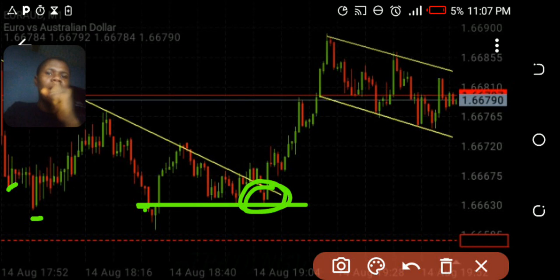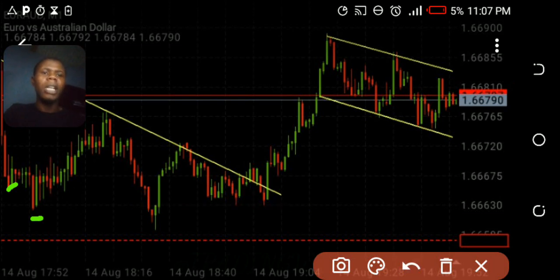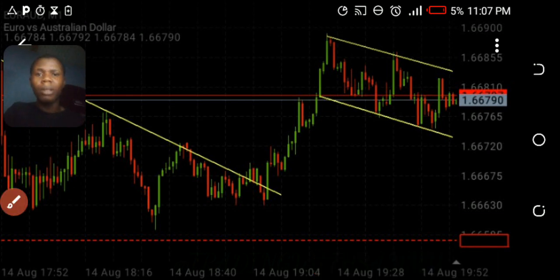Now, talking about continuation chart pattern. After a market moves in reversal, a lot of guys are going to be missing out. Let's say you came late to the market and you saw that the market has already gone up. There is no need to panic, or there is no need for you to start getting worried or thinking on how to jump into a trade.